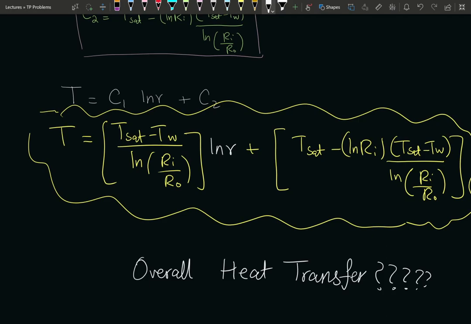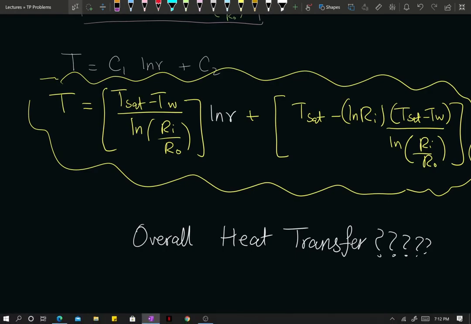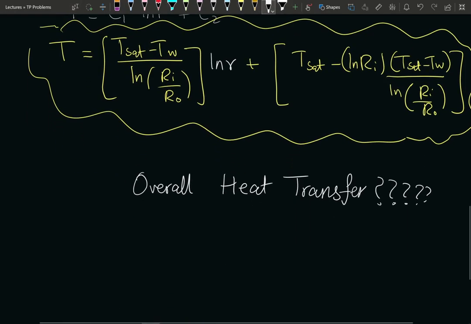This seems like a brute force method. There's got to be an easier method, right? And guess what? There is. Remember, earlier we used a network of thermal resistances, the electrical circuits analogy. That's what we're going to use next.